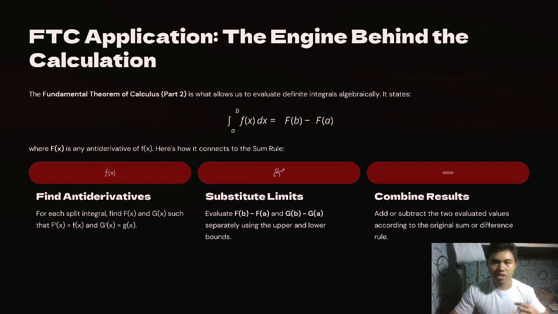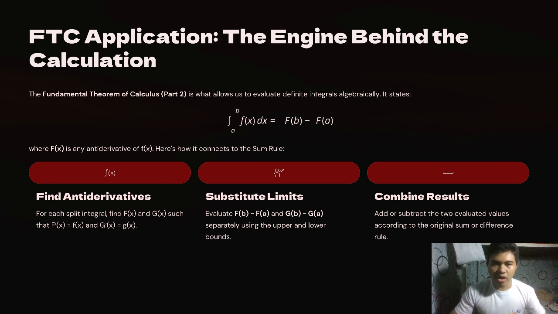Step one is the search. We identify the antiderivative, denoted as capital F of x, for every individual term we have split. This process effectively reverses differentiation using the power rule. And step two is the upper substitution.